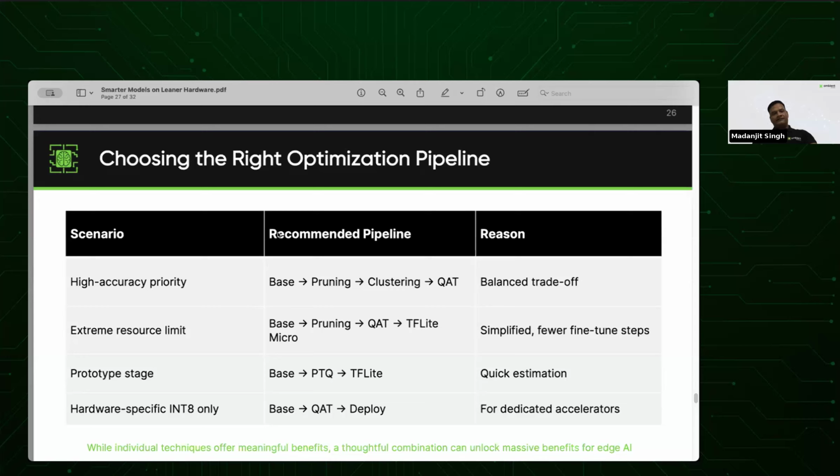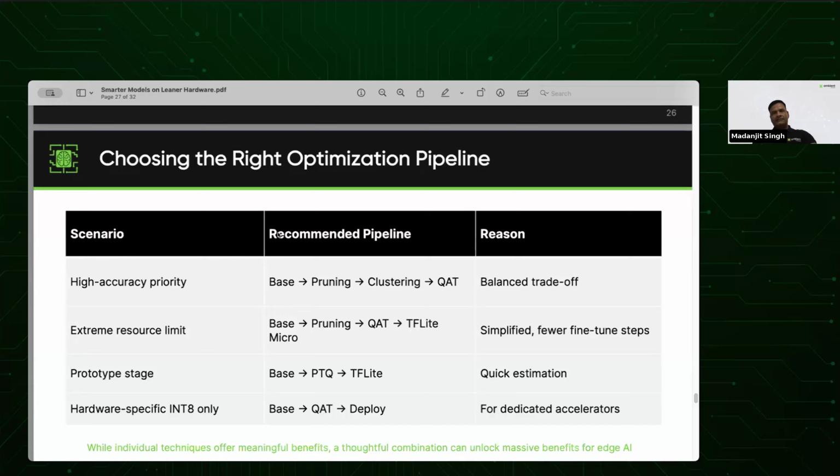Let's take an example: in the case of sensor fusion or microphones, you are extracting the features out of it, so in that case you can prune heavily. But when you're using a camera, it's a raw feed, and in very few cases do we do feature extraction for that. So it depends on the complexity of features and the depth of the model. You can take care of that.